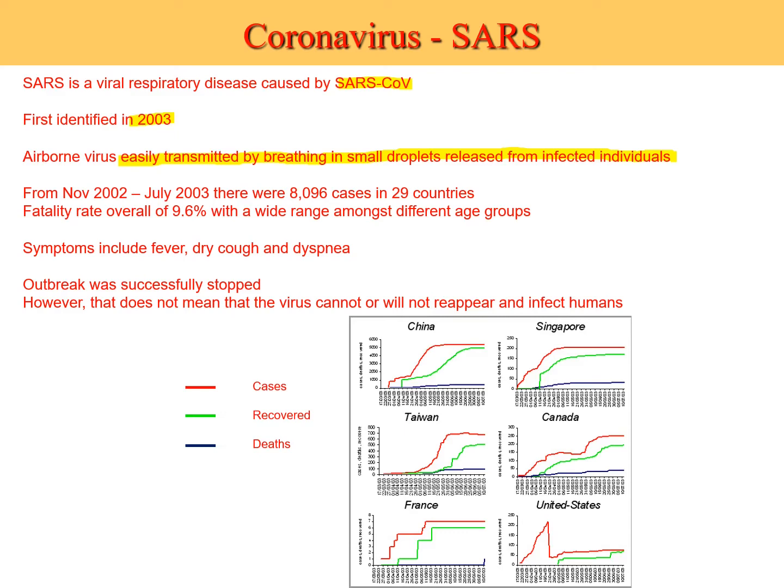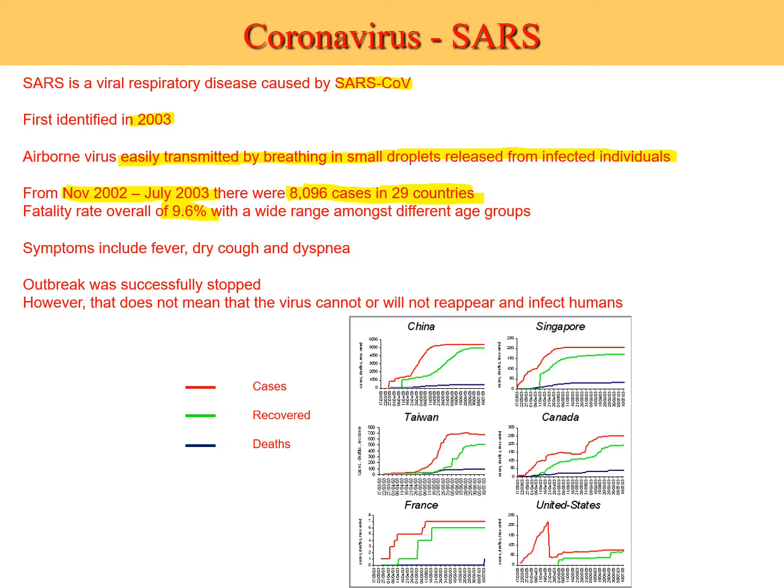The SARS outbreak started in late 2002 and did not end until July 2003, and it actually was contained. There were 8,096 cases identified in 29 countries. People responded quickly, and it's a disease that has a high fatality rate, almost 10%.